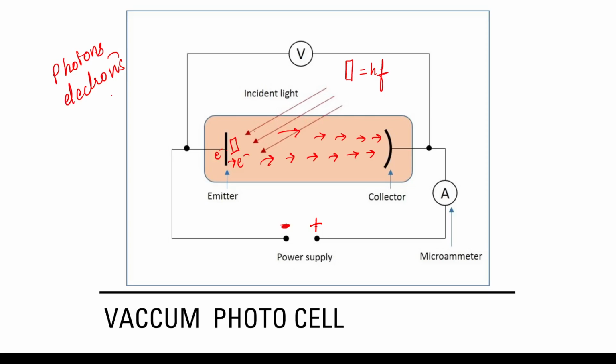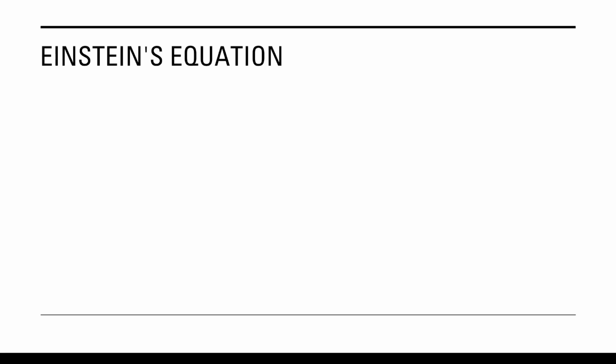Okay, now what are the different things your photoelectric effect depends on? For that, first let's just do this. Einstein's equation, the equation that we just calculated: Kmax, the maximum kinetic energy of emitted electrons, is the energy of the photon minus the work function. That's it. You can write E as hf minus work function.